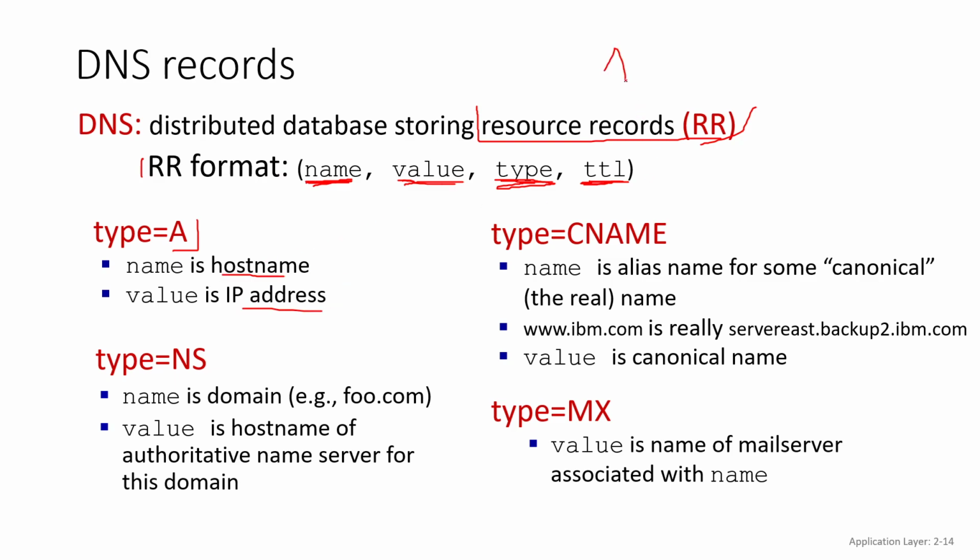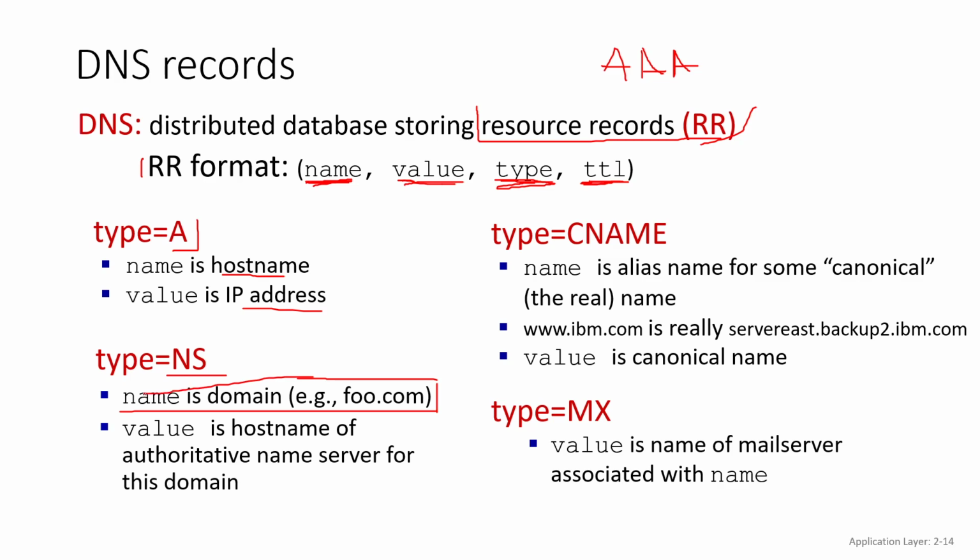And don't be surprised, there's also type AAAA. There are multiple types, and I'll give all of those types to you on a website. We have type NS.